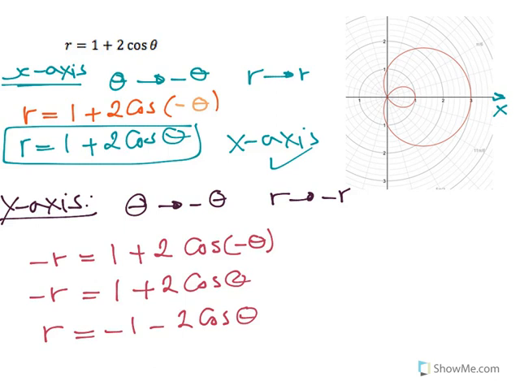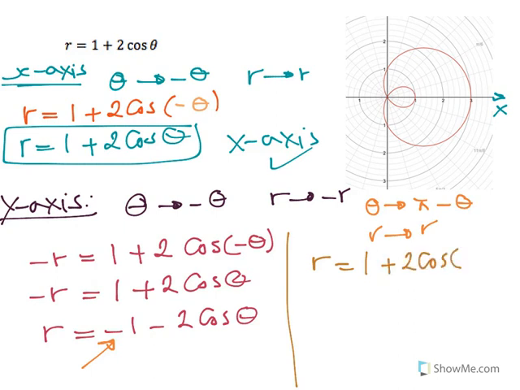However, because the answer is negative, we have to give it one more try with another test. The other test is to replace theta with pi minus theta, and r stays the same. So it's going to be r equals 1 plus 2 cosine of pi minus theta.